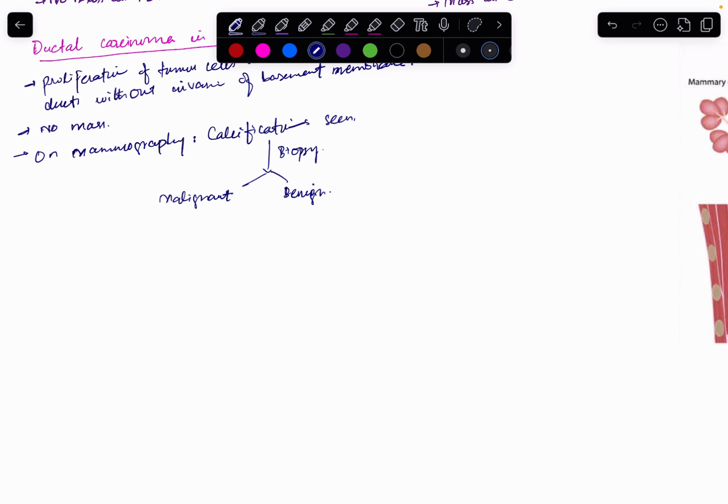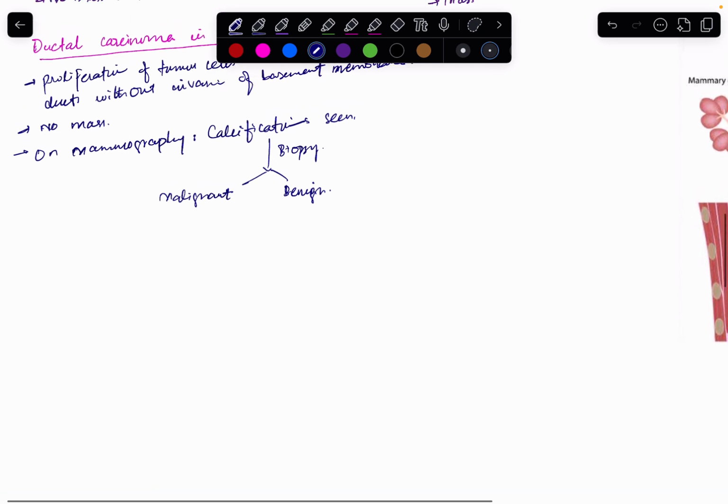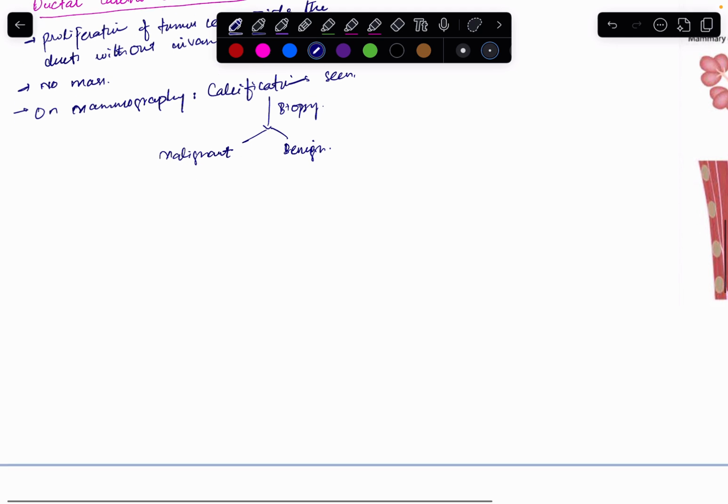Just because you're doing mammography does not tell you that it is a malignant type. So you are going to do a biopsy.